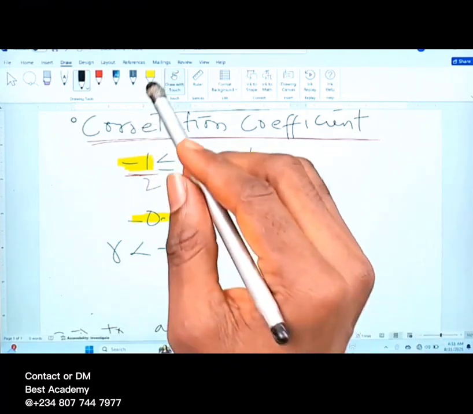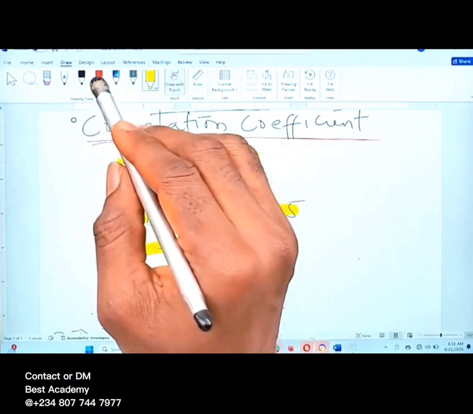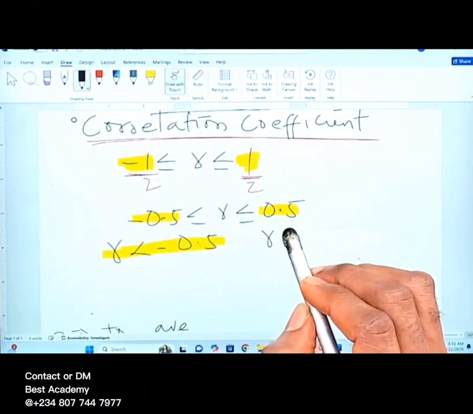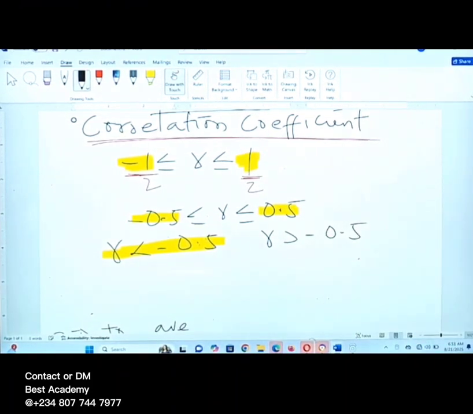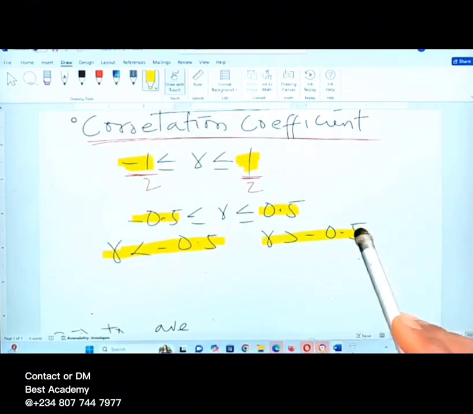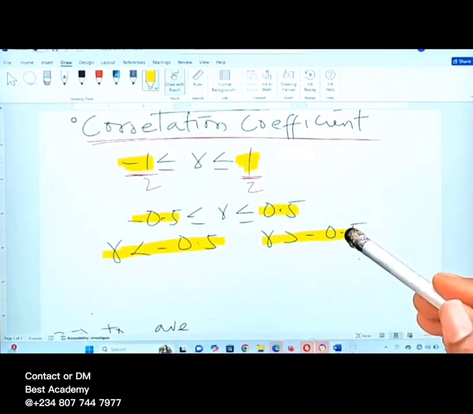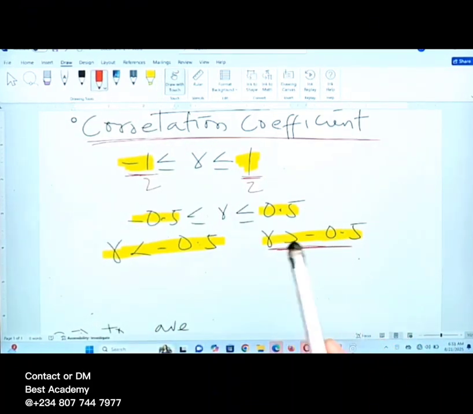Why? Because this value is ranging towards 0 compared to when we have R greater than -0.5. Please take note. R greater than -0.5 is far from the strong range, so we call this weak negative correlation.